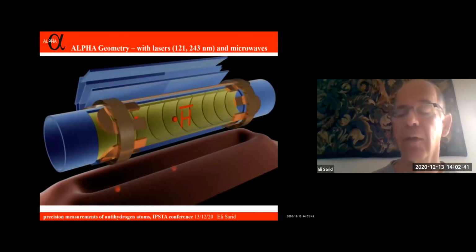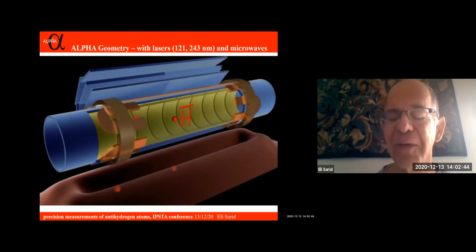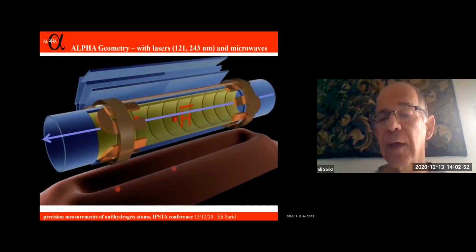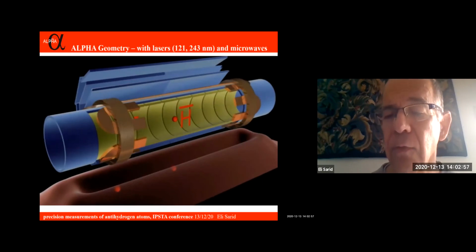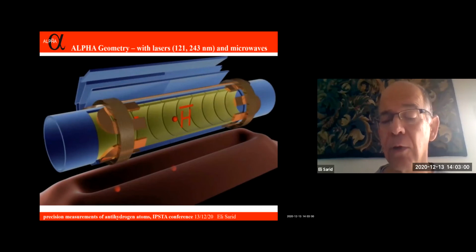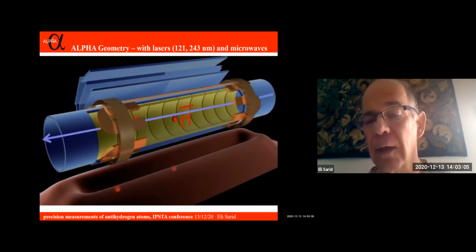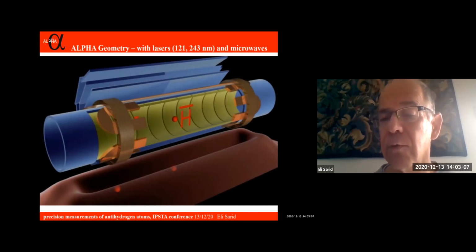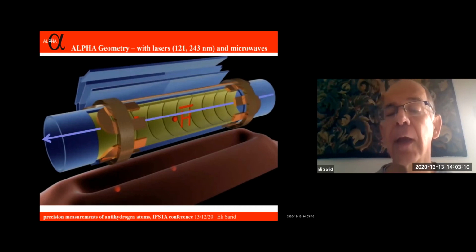What is also very important for our ability to come out with physical results is to add the ability to introduce lasers and microwaves into the trapping region and interact with the trapped antimatter atoms, in order to see whether, if we shine them with radiation which is resonant with their transition or off-resonant, we can make the precise measurements that will be relevant for our quest.